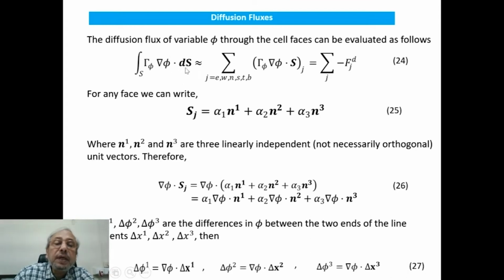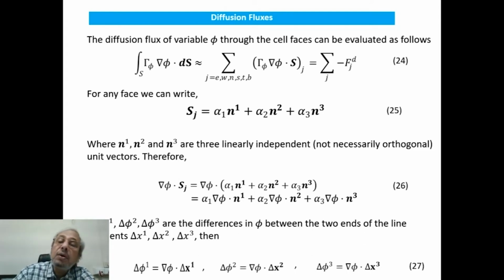Now this operation, grad phi dot dS over the confining surfaces, will be a summation of the diffusion coefficient gamma phi multiplied by grad phi dot S over all the surfaces, that means over j, where j equals eastern face, western face, northern face, southern face, top face and bottom face of the cell of interest, the computational control volume of our choice.